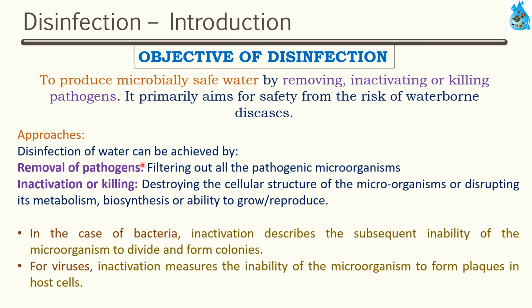Destroying the cellular structure of the microorganisms is one of the approaches to kill them, so that it will inactivate them, and subsequently they are unable to divide and form colonies. And as the colonies will be restricted, definitely we can control their spread.